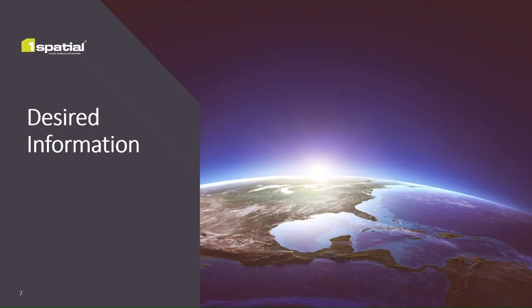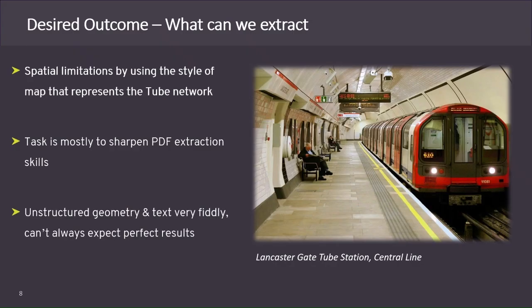So what we'll run through now is what information is available in the PDF and what exactly we can extract from it. What we can extract is pretty much going to be the desired outcome, because the map we're using isn't spatially referenced. You can use it for a couple of things, like determining the number of stops from somewhere, but this was mainly to sharpen our skills for PDF extraction, because it's completely unstructured in many ways and requires you to put your thinking cap on to work out a solution.